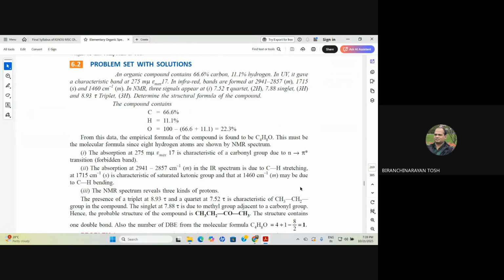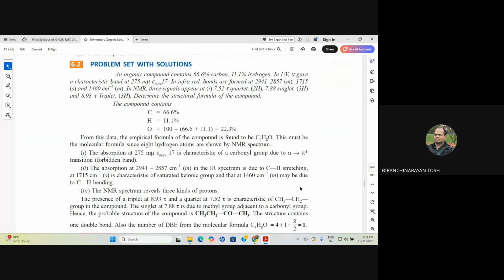Okay, so it is 66.6% carbon, 11.1% hydrogen, and the rest oxygen, which is 22.3%.